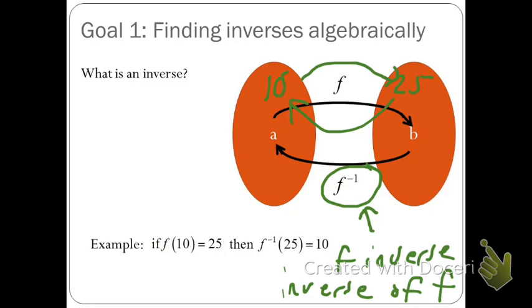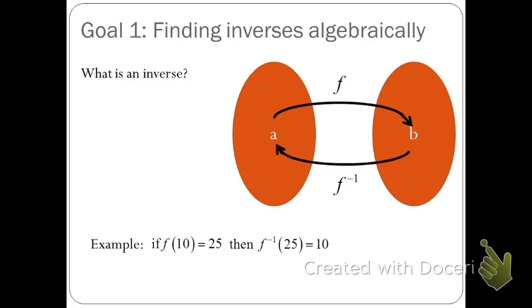Now the notation is related to exponents. You might remember that if I have 3 to the negative first power, for instance, that's equal to 1/3, and 1/3 is what's called the multiplicative inverse of 3. But I don't want you to think of that as an exponent at all. That just means the inverse of a function, and it's just some notation that you got to learn and get used to. Okay, well, let's move on a little bit then.